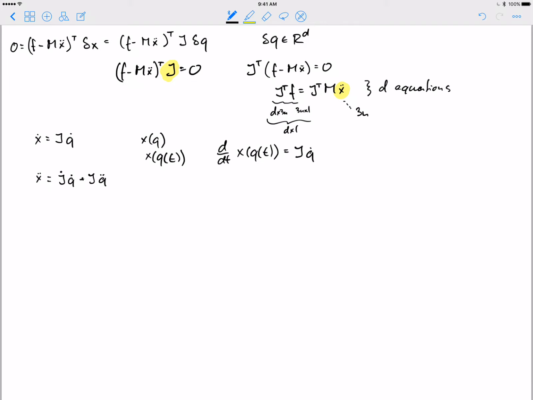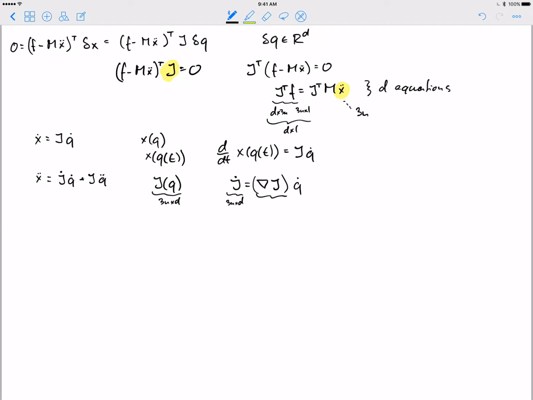Now, what is the J dot thing? The J dot is a little bit funny. Remember again that the J is actually a function of q, and the J is a 3n by d matrix. If I'm differentiating this with respect to time, that means I am differentiating the Jacobian with respect to the generalized coordinates, and then by chain rule I multiply this with q dot. Time is fortunately just a scalar, so this is still a 3n by d matrix.